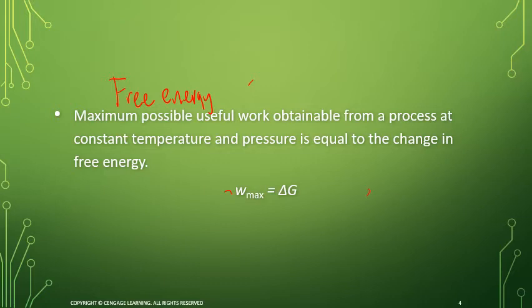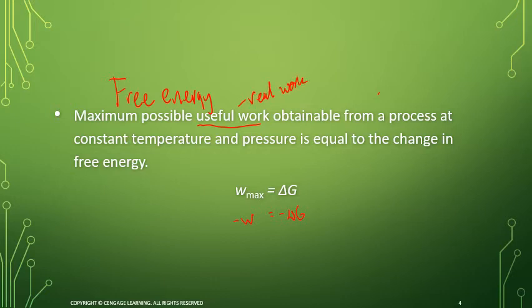So if I have a spontaneous process where I have a negative delta G, then that would provide a negative W for the value. When we talk about this component of useful work, that's essentially telling us how much real work we can get done by a system on the surroundings.